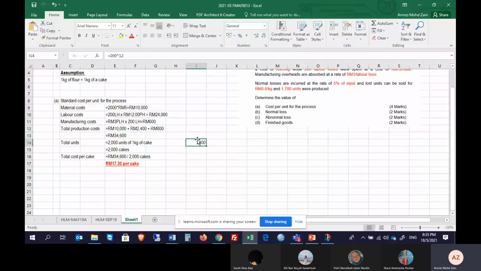Okay, so this one is 13,000. 13,000 divided by 2,000, 6.50.